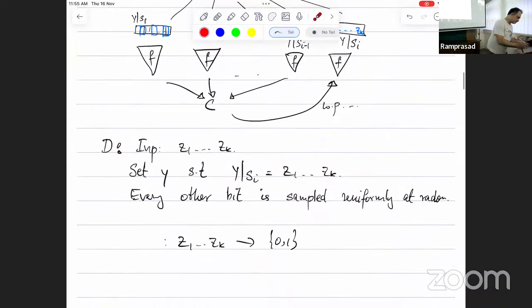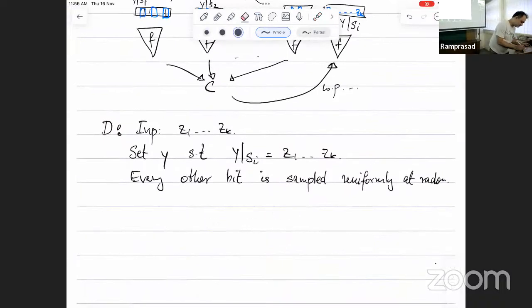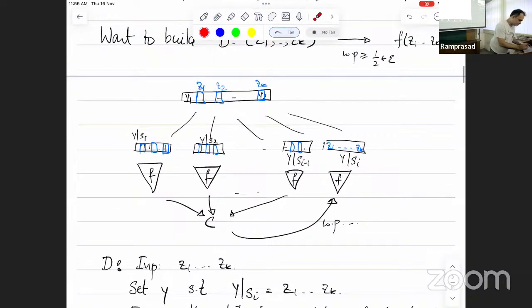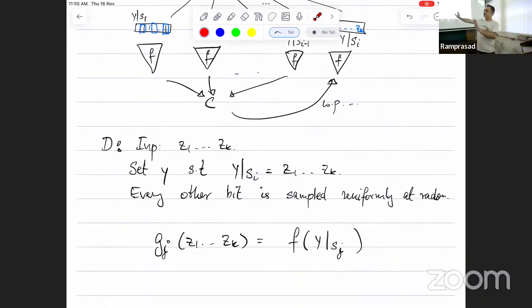So basically, if I define Gj of Z1 through Zk to be equal to f of y restricted to Sj, and by y, I mean the y that you build from the z's with everything else frozen to some specific value, whatever this function is, it depends on just a bits.